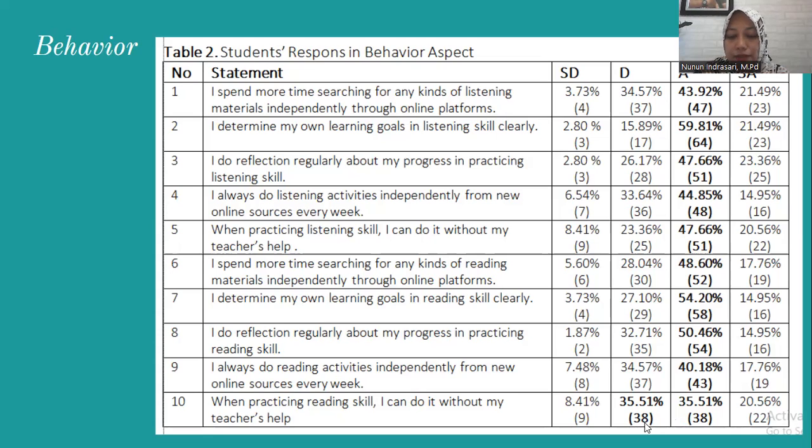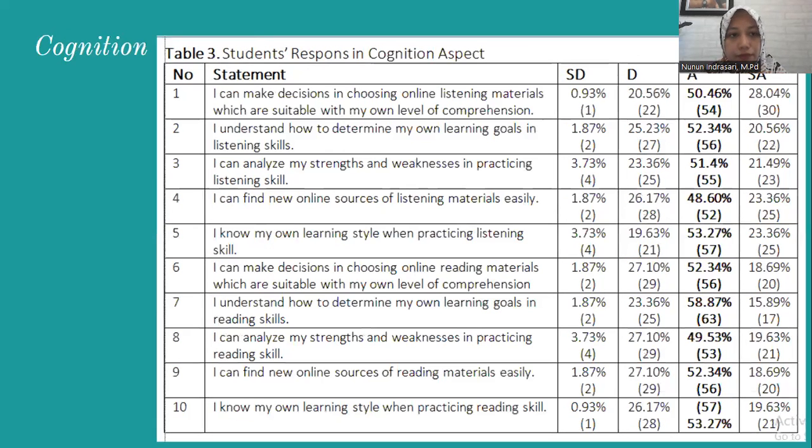Here there are 38 students, but if we look at all the students who filled in these items, most of the students agree and strongly agree with this statement. So it means that in the behavioral aspect, the students have a positive attitude toward autonomous listening and reading activities in online environment.